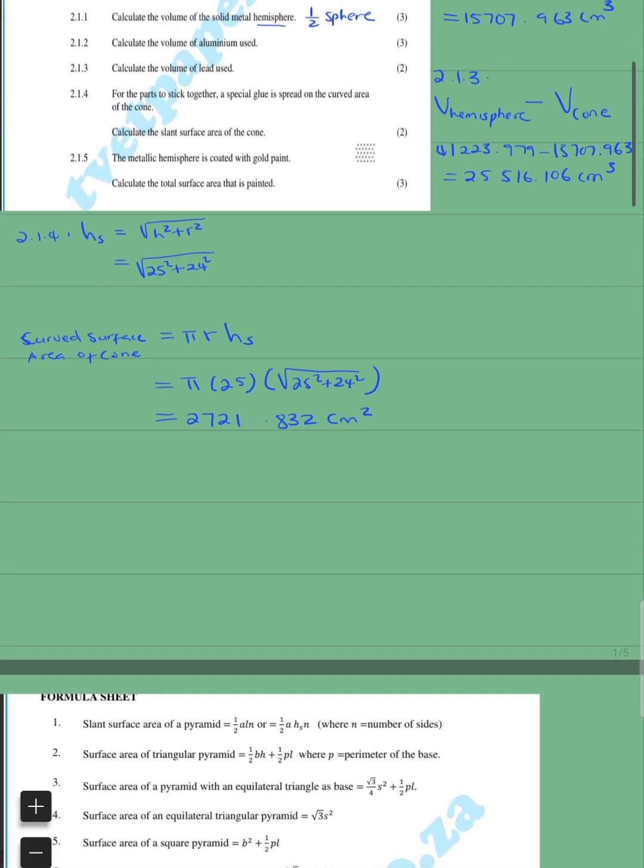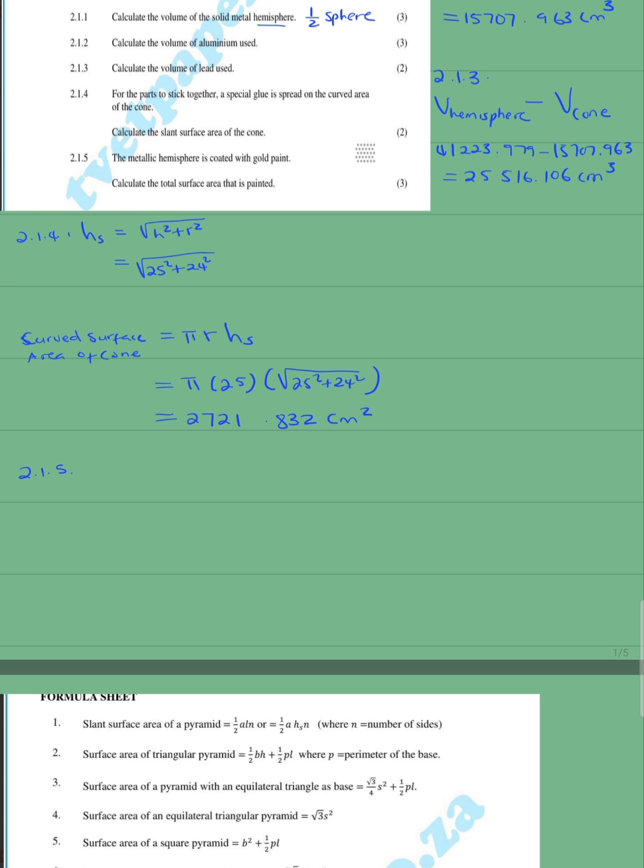All right. The next one now is 2.1.5. Calculate the total surface area that is painted. Remember, it said the metallic hemisphere is coated with gold paint. So now the entire hemisphere is coated with gold paint, calculate the surface area.